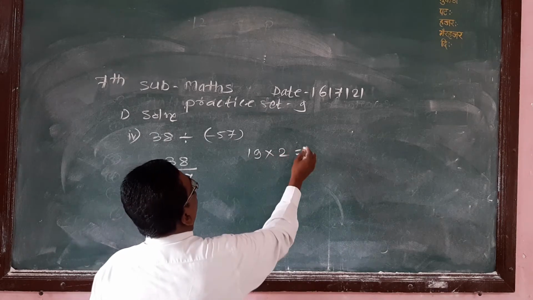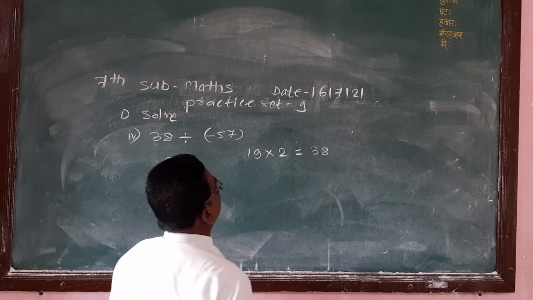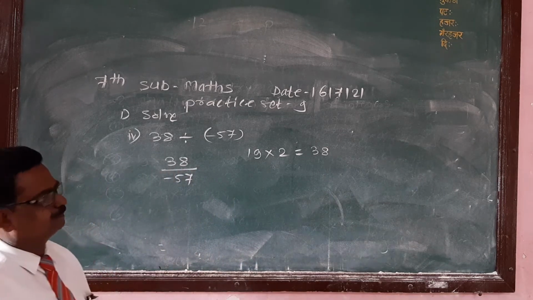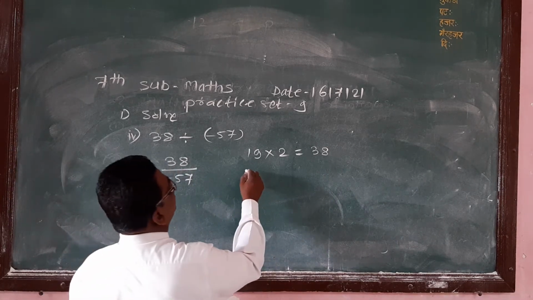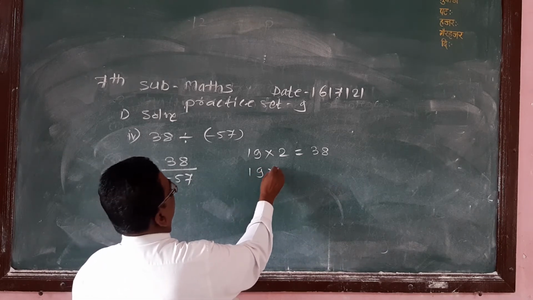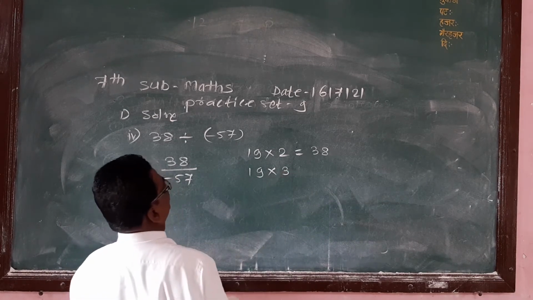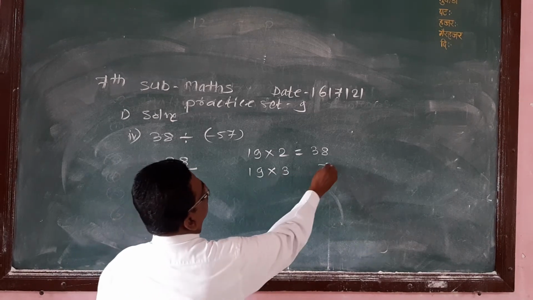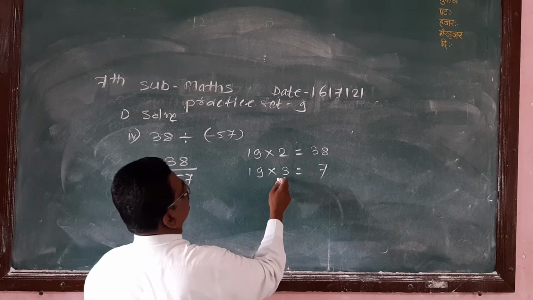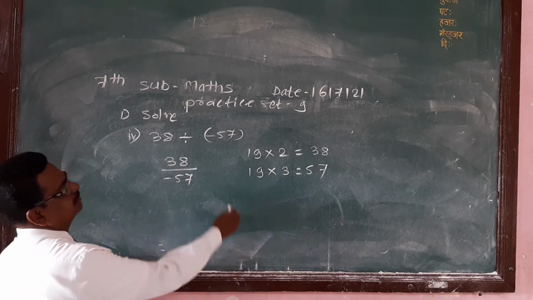19 into 2 is equal to 38. 19 into 3 is 57.